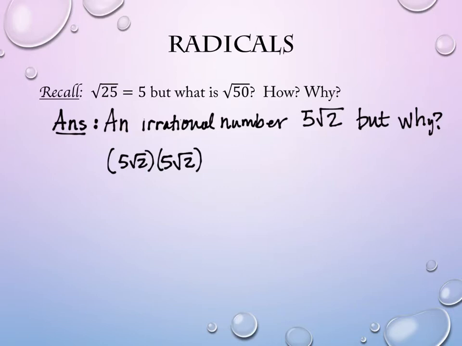So I can multiply the 5s together first: 5 times 5, and the square root of 2 times the square root of 2. 5 times 5 is 25. Square root of 2 times square root of 2 is the square root of 4, which is 2. And then 25 times 2 is 50. So it meets the criterion for the answer because when I multiply it by itself, I get 50.